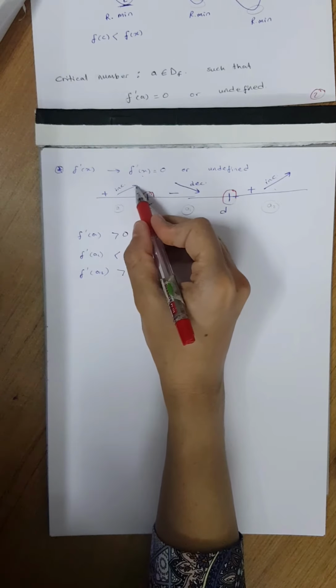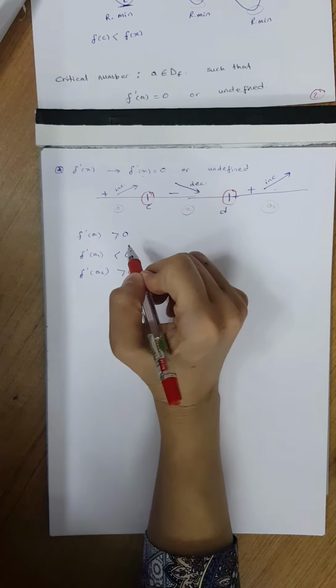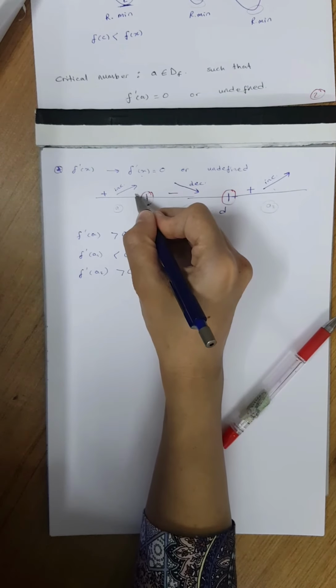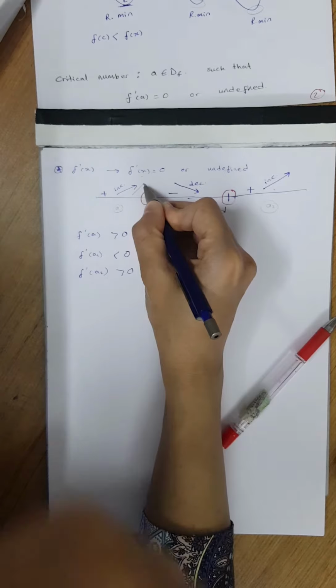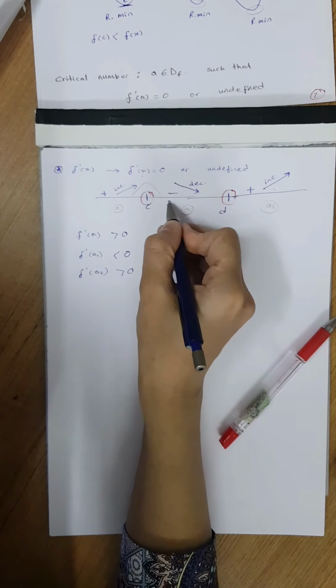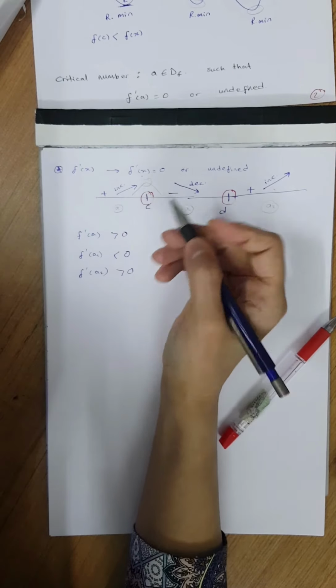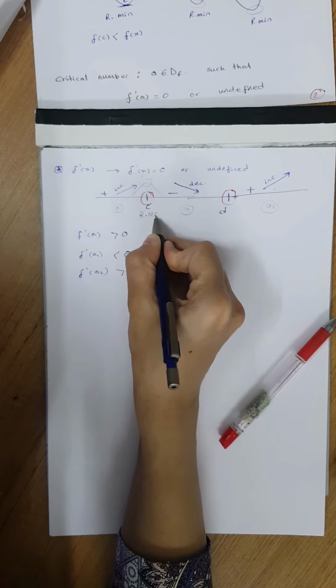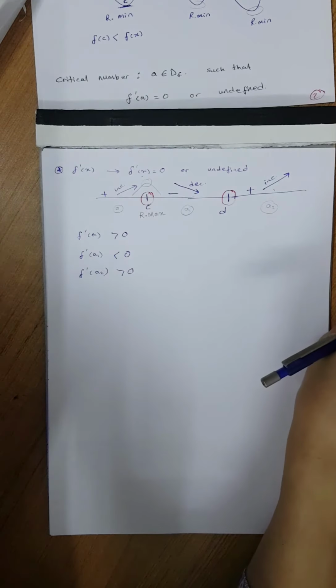Because on the left it's increasing and on the right it is decreasing. If you look at that function, from that side of C it is increasing according to that one, and when it comes to that side it is decreasing. Here is the peak. So that means that point C is relative maximum.